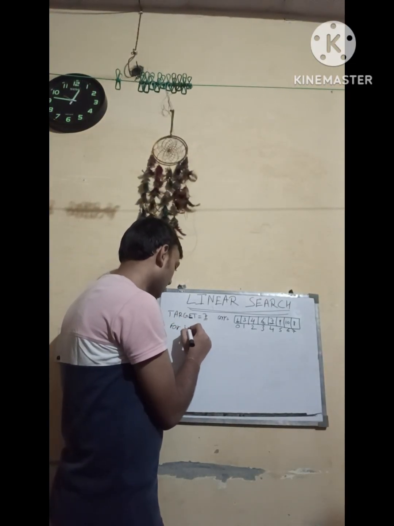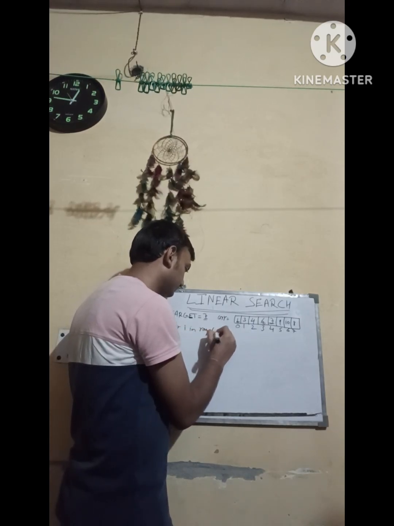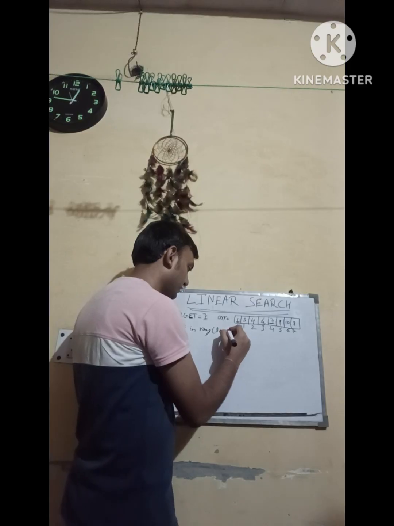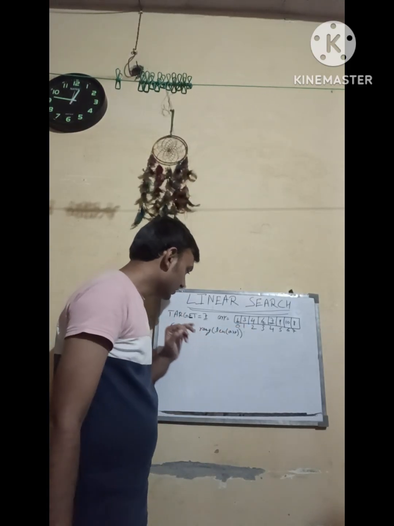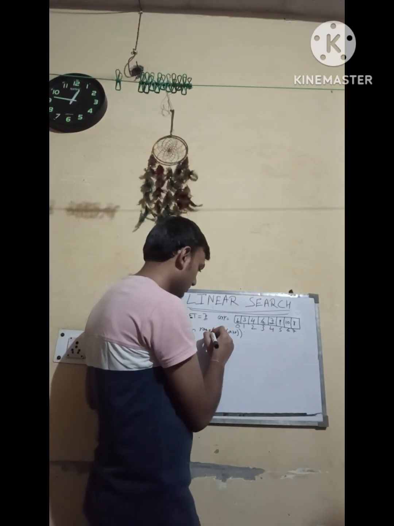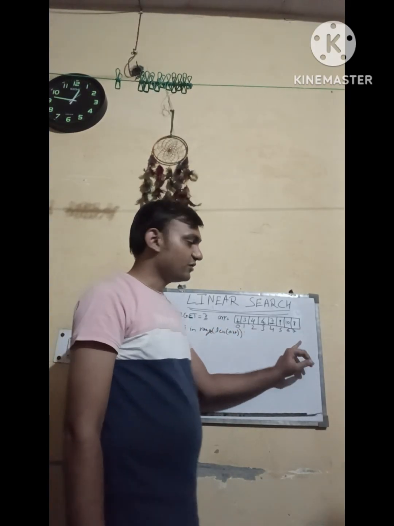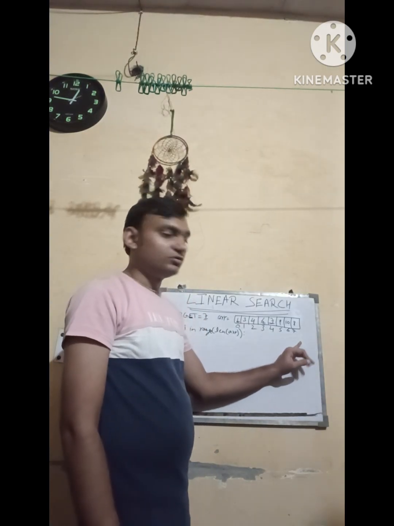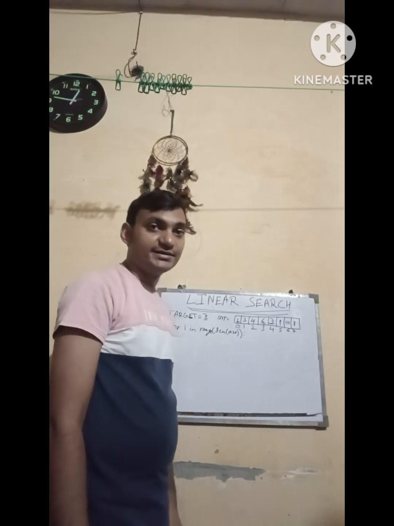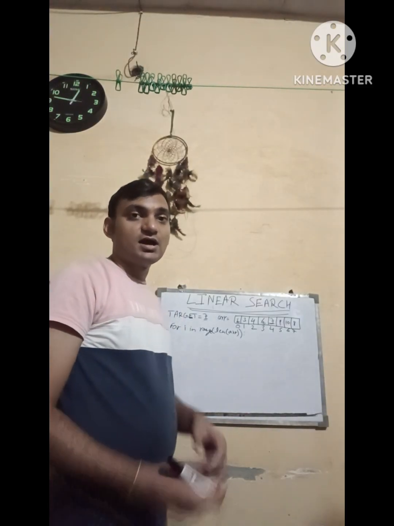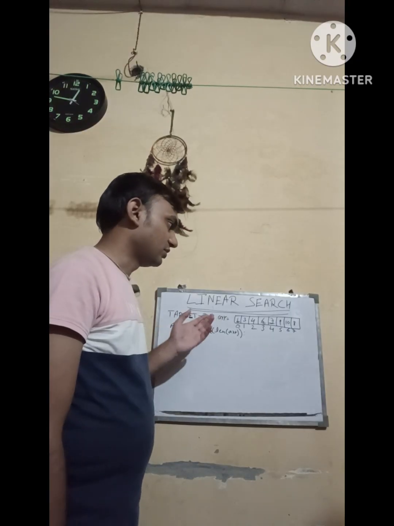Then for i in range of the length of the array, this for loop will iterate till the end of the array. So we will look through all of the numbers and check every single number to see whether we are getting any close to our target value or not.